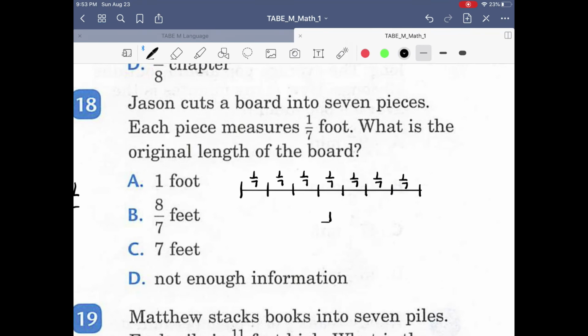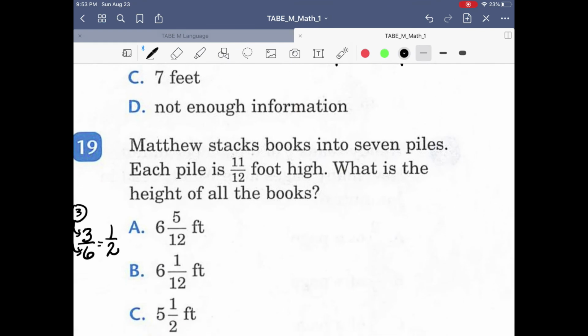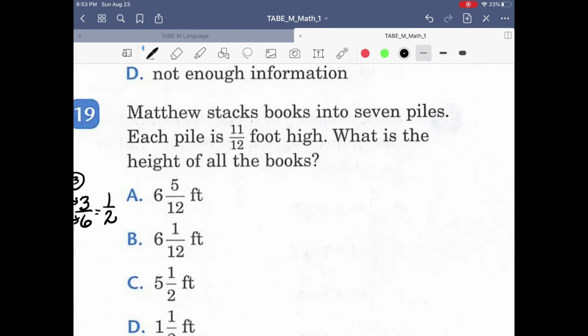So what would we need to do? We could add all those, or we can say 1/7 times 7 pieces is going to be 7 over 7, which equals 1 whole foot. And that is A. Now if you knew that without drawing it, that's fine. But I'm doing this for folks who may not see that without a picture.